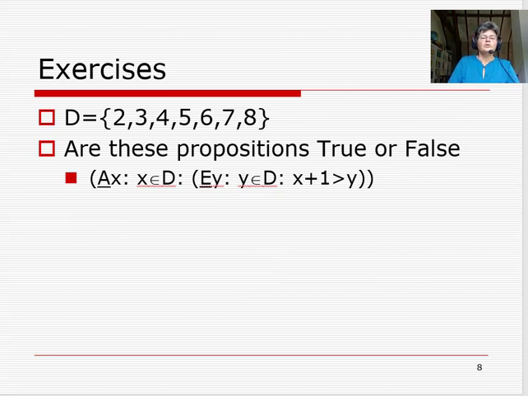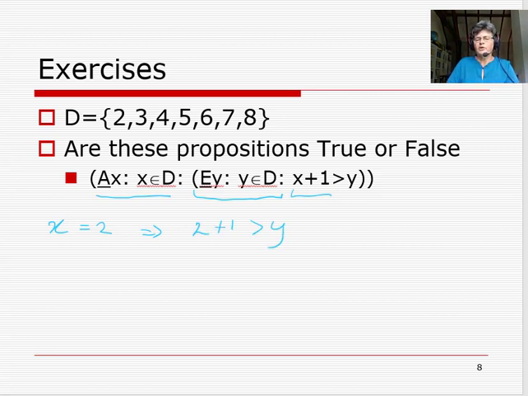And one last one. Now we start with the universal one. For all elements x, I can find at least one element y in such a way that x plus 1 is larger than y. Okay, for all elements. So, for instance, if x is 2, then can I find a y in such a way that 2 plus 1 is larger than y?